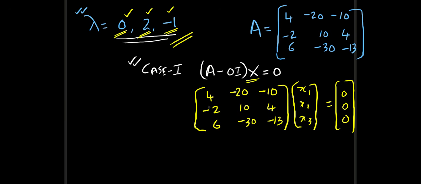So what we do is we select any two rows you like, and I'm going for the second and the third row, and I'm going to use the rule of cross multiplication.